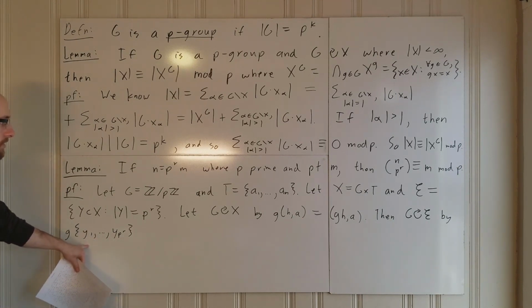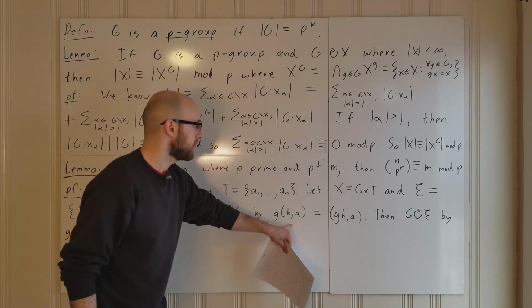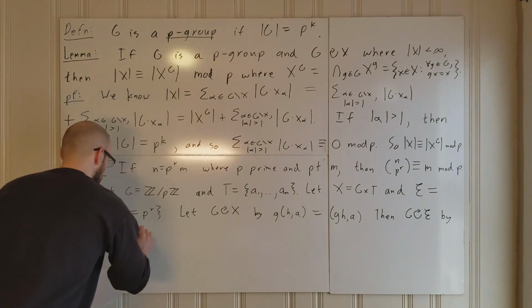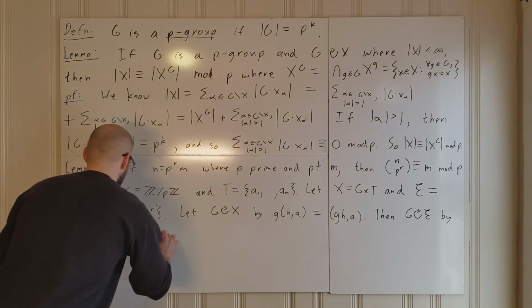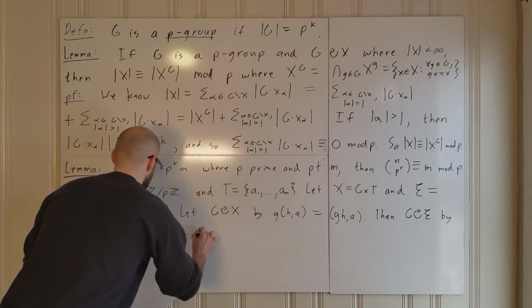Each of these little yi is going to be of the form (h, a) for some h in G and a in T. And so we let G act on each of these individually.